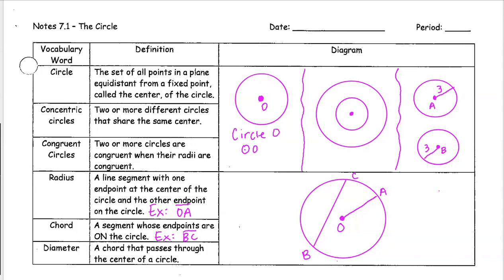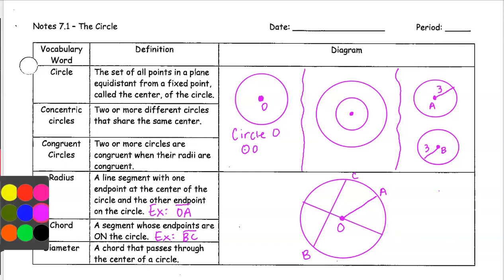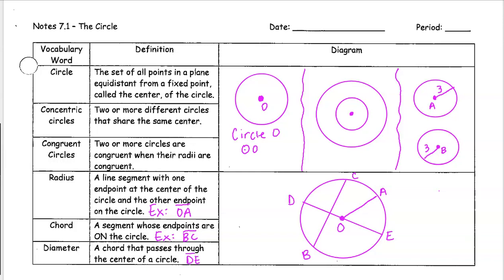And then a diameter is a chord that passes through the center. So the endpoints are on the circle, but it must pass through the center. So that's called DE, our diameter.